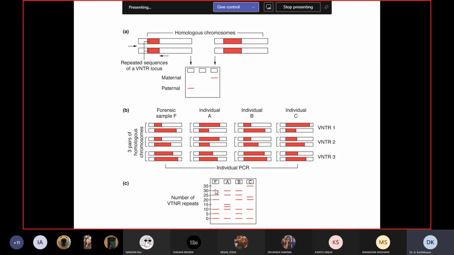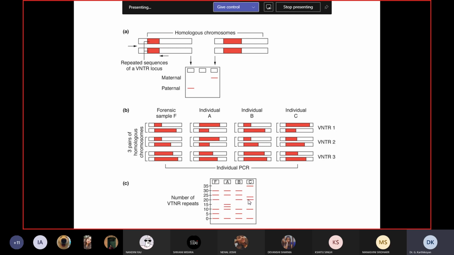If you see an identical match between the forensic sample and your suspect, then it is highly likely that B is the suspect. If you look at A, there is a mismatch. These two don't match. The rest of it is kind of matching, but these two don't match. If you look at C, C doesn't match in many places.